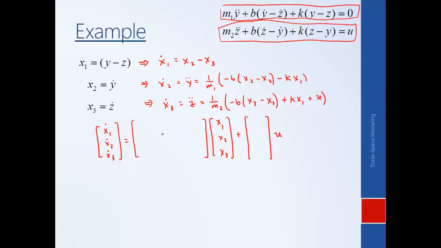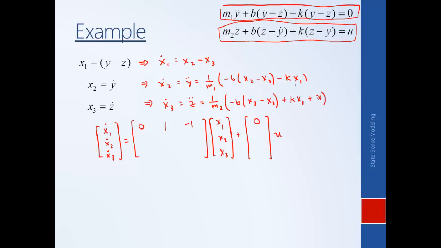So the first row of this equation represents my first state equation. So I have nothing multiplying x1, I have 1 multiplying x2, and negative 1 multiplying x3, nothing multiplying u. The second row will be the second equation.